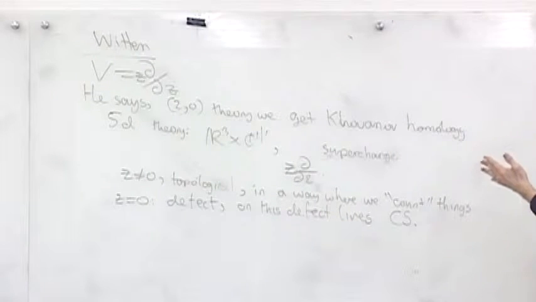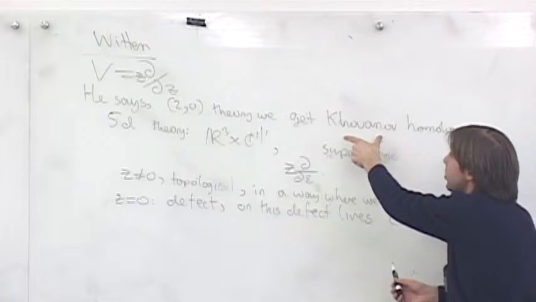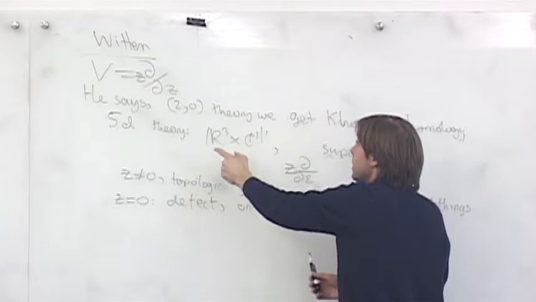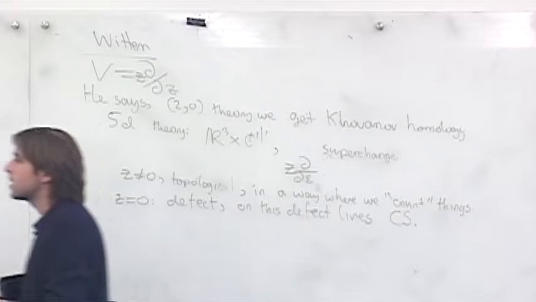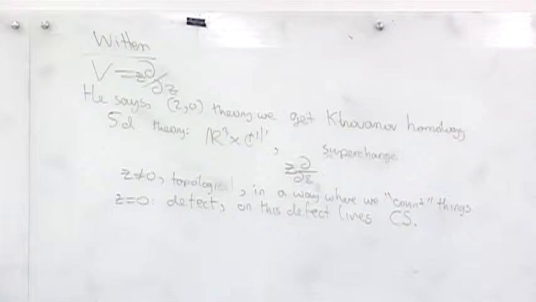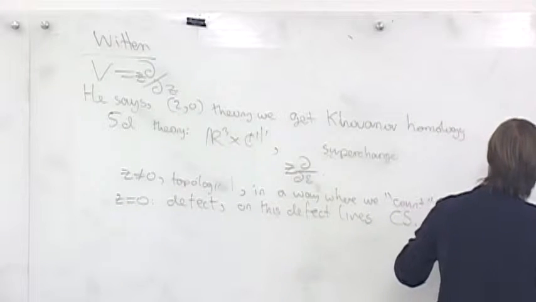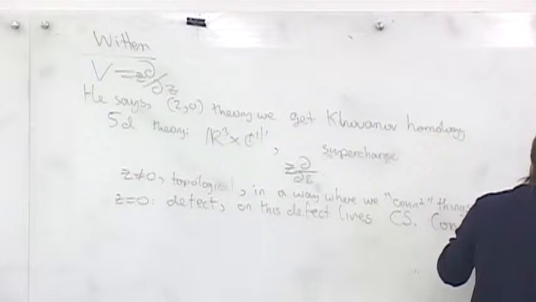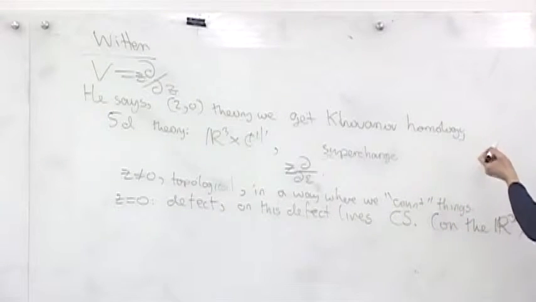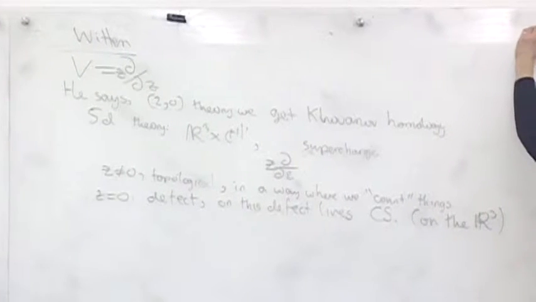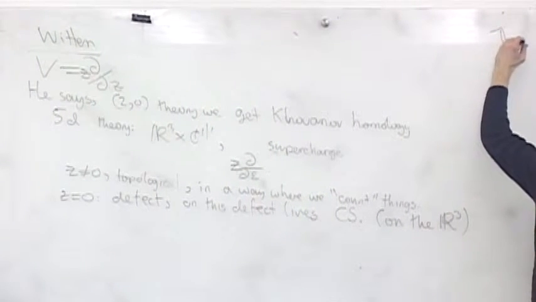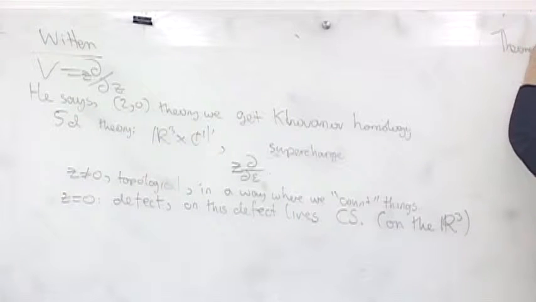Because it's a dimensional reduction. So he says we get Khovanov homology. So the Chern-Simons is the dimensional reduction? Yes, exactly. On the R3. And this is true, at least in perturbation theory. I'll work this out, and it's related to work I've done with John Francis.